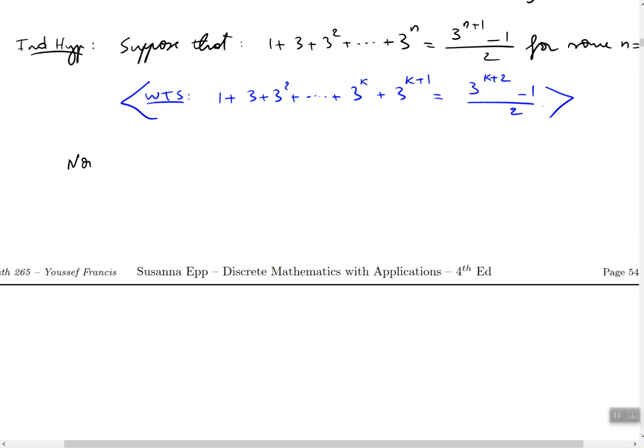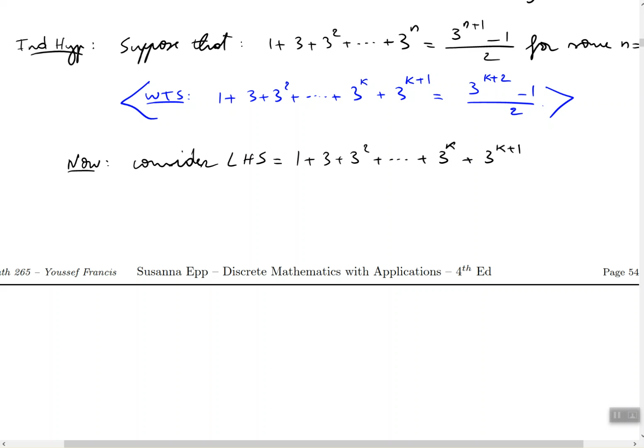So now consider the left-hand side, which is 1 plus 3 plus 3 squared plus so on and so forth, all the way to 3 to the k and 3 to the k plus 1. I'm using k just to show you a little variety.